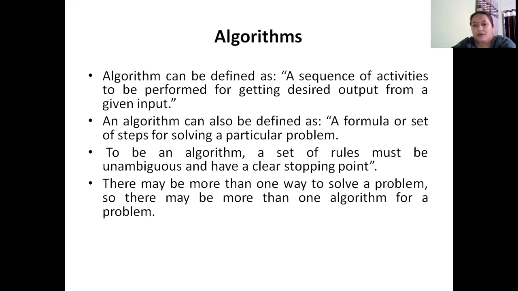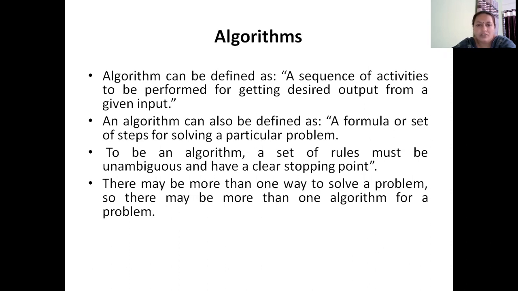Before we develop a program using any programming language, we first represent the solution for the given problem in simple and clear English by writing an algorithm. So an algorithm is a set of steps which are used to solve a particular problem.